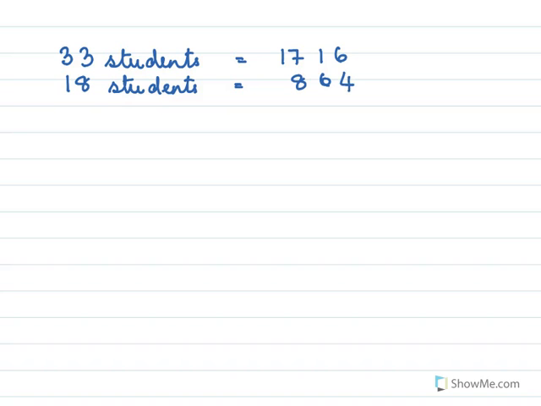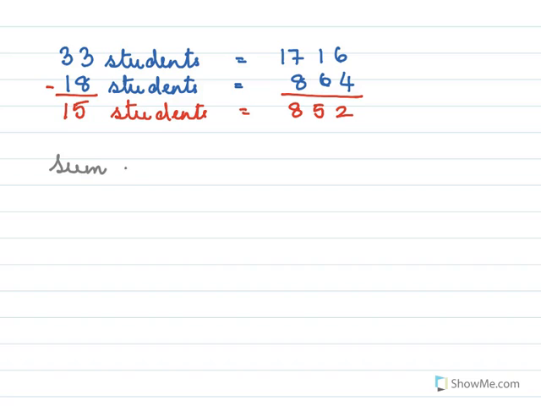Now when you subtract this, you will get 15 students, and the sum of 15 students will be 852 kgs.